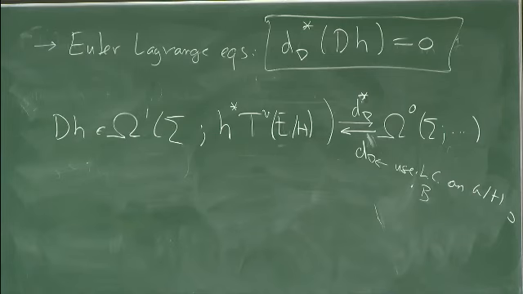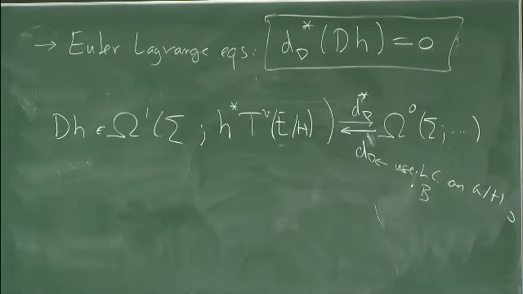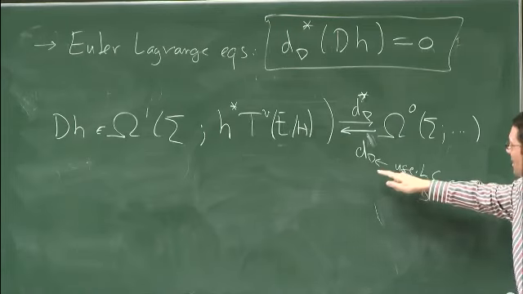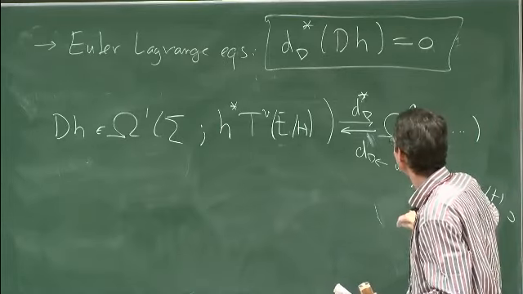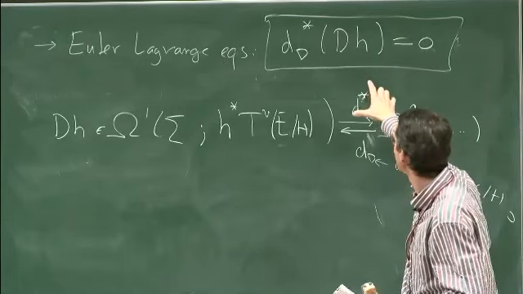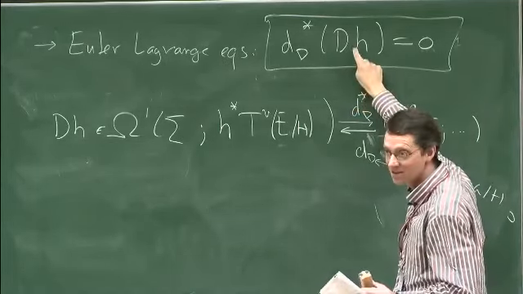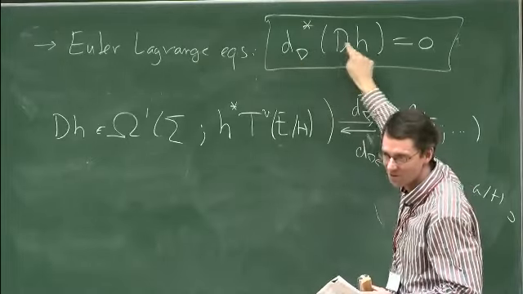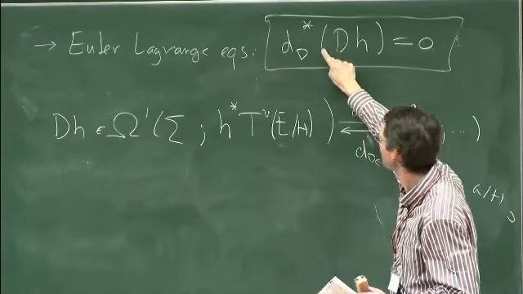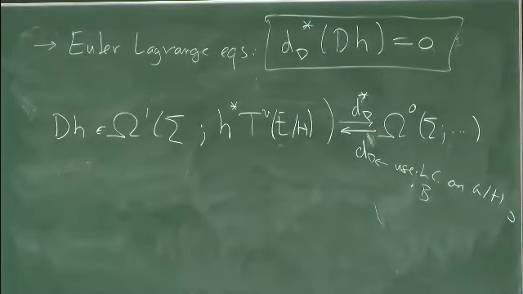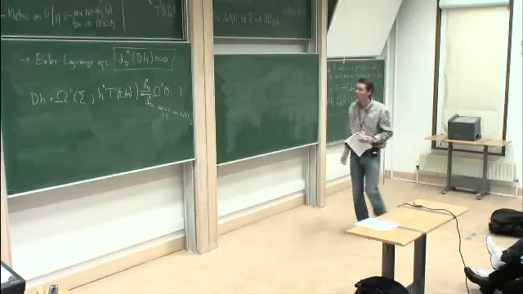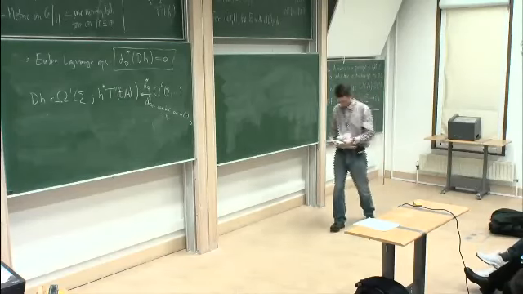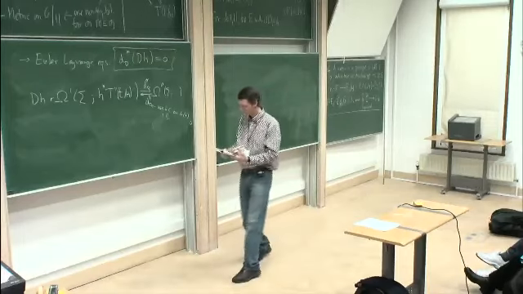But say in case G is the real line, this is just the usual derivative, and this is the adjoint, and at the end of the day, this equation is sort of the adjoint after the usual derivative, so this just says that the Laplacian of h is 0. So it's the usual harmonic map equation. Yeah, I should probably have said that.